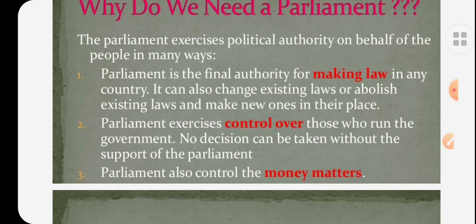By the speaker, nothing can be done which is not favorable to the prestige of the parliament. Means if the members sitting there are not supporting, none of the decisions can be taken. Sometimes you have seen issues continuing from long ago till today, which are not becoming a law.